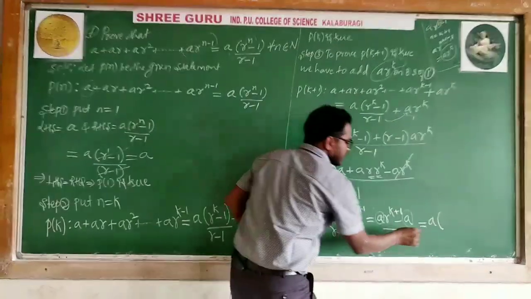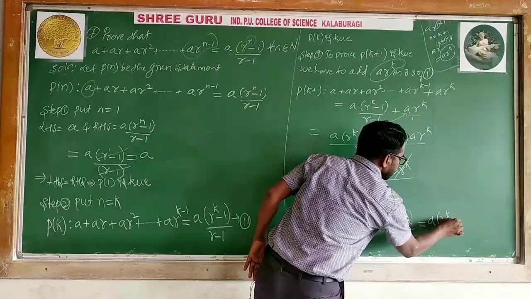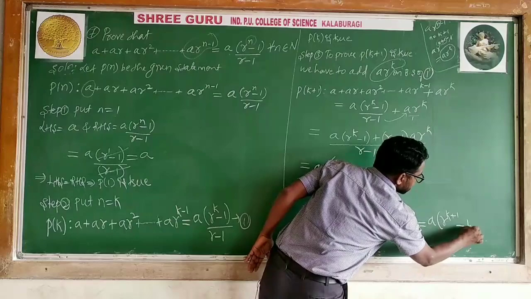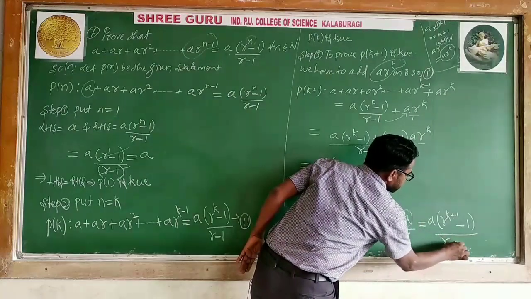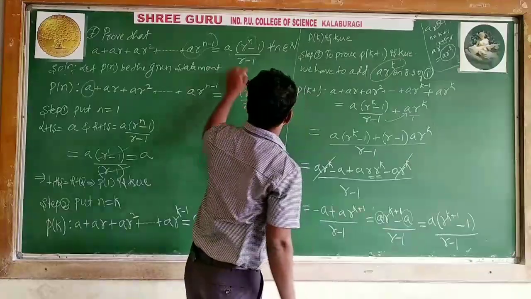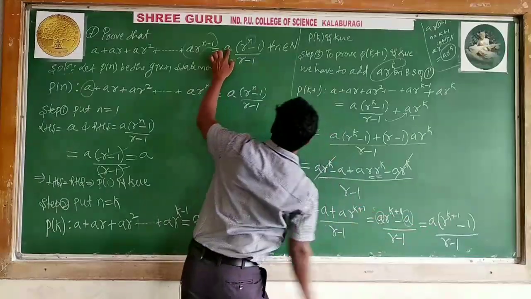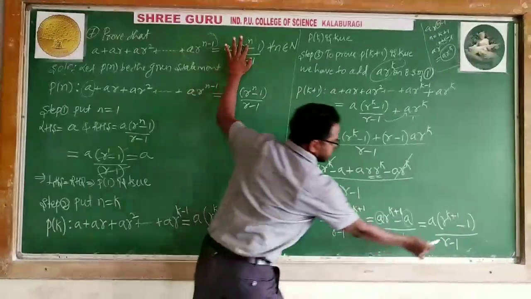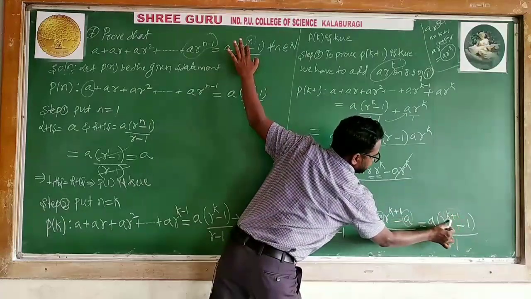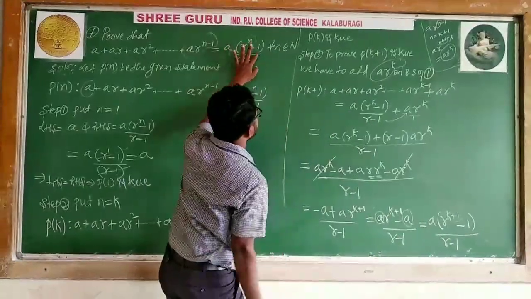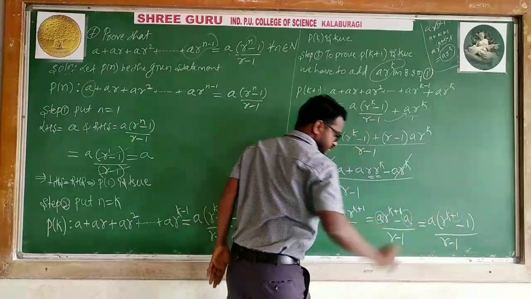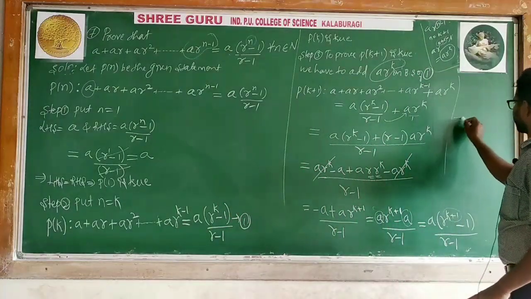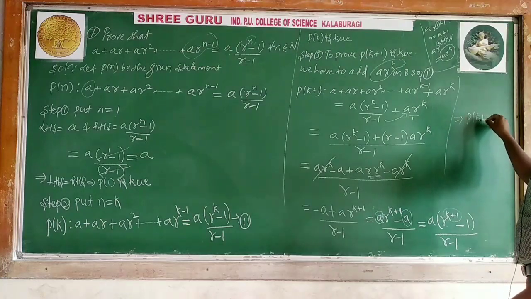R to the power k plus 1, and minus 1 here, whole divided by R minus 1. Exactly, here also A, R to the power n is replaced by k plus 1, minus 1, divided by R minus 1. Everything is the same.